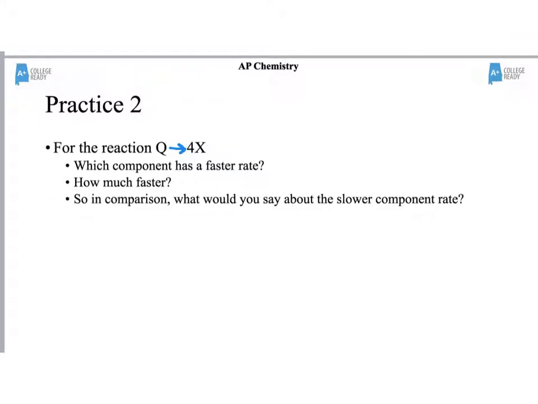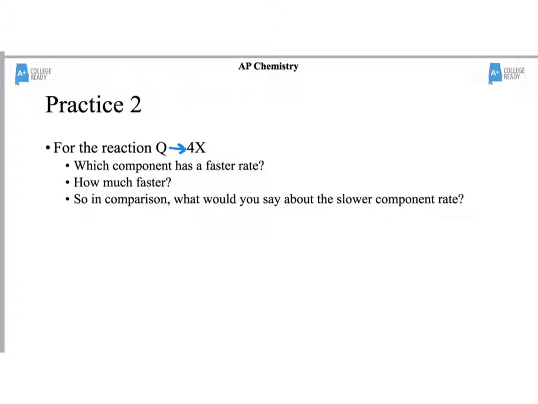All right, so here's some practice. Q yields 4x. Which component is faster? Well, x is faster. How much faster? It's 4 times faster. So if x is 4 times faster, what can we say about Q?